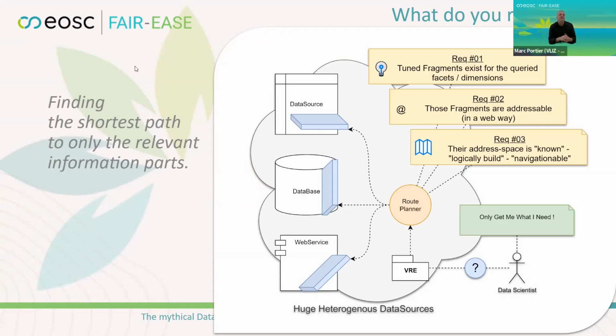The first one is we need systems that not only offer the full set, but also provide subsets. Those are smaller fragments of the original complete data set. Second requirement, we need all these subsets to be addressable, so we can identify and download them one by one directly.